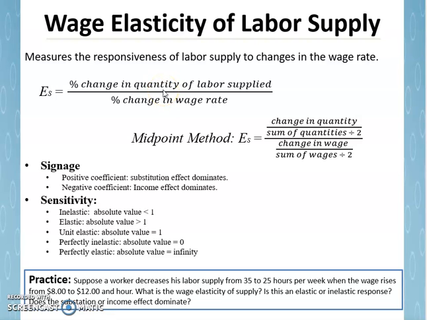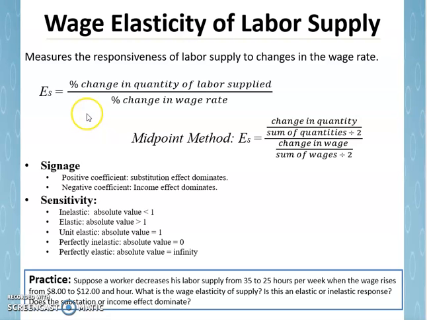In that case, the substitution effect dominates, because recall that the substitution effect said higher wages would cause higher labor supply. If you get a negative coefficient, the income effect dominates. To get a negative coefficient, you must have opposite signs in the numerator and denominator.